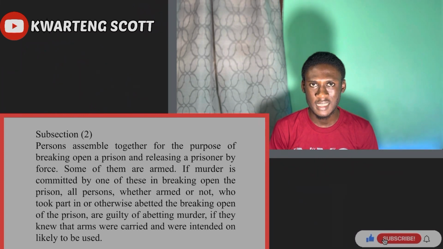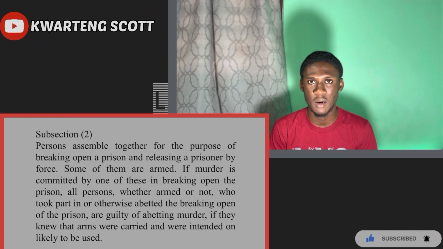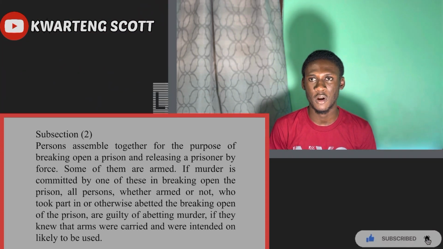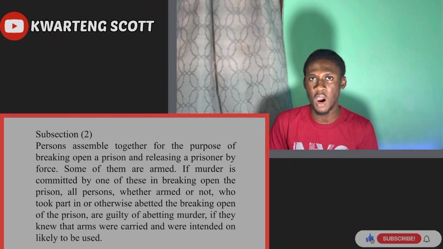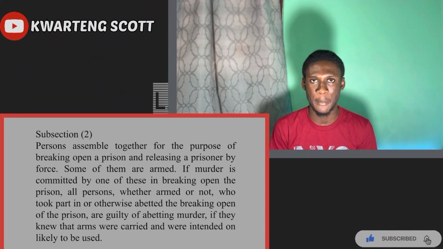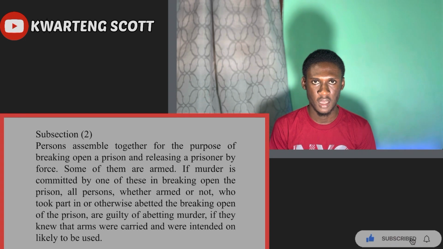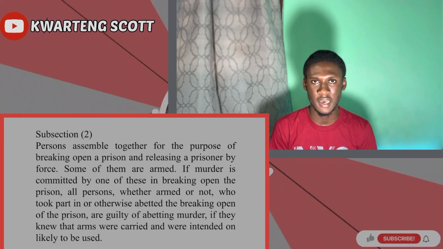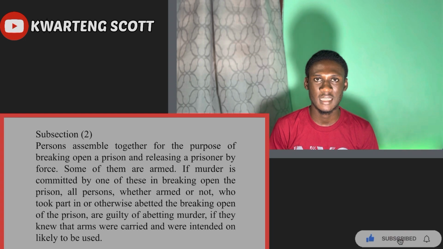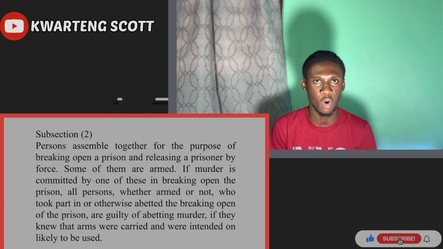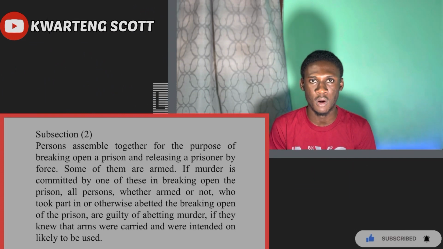So this is if, for example, you want to go and set someone free from prison, and then you send people. This is talking about not only the people who actually went, but if you are at home and you took part in the abetment or the agreement that we should go and release this person from prison, and then they go and you know that one or some of them are having weapons, and then they kill someone, all of you are liable for murder, because you know that gun can be used to kill someone, or any weapon can be used to injure someone or kill someone.